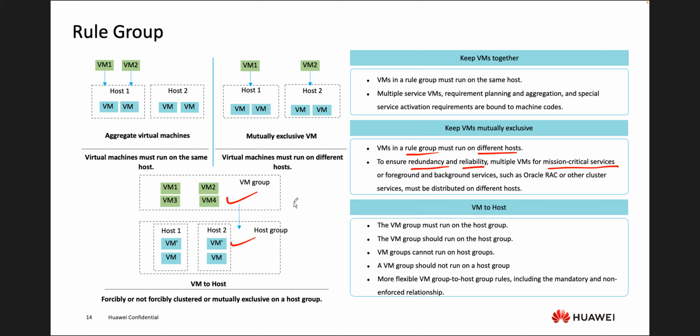We have mutually exclusive rules where you want an active and a standby VM setup, like an Oracle database. You have an active database, and you have one that's on standby. It could also be running together, like a master and slave, or maybe a server and agent, or you could just use it independently, right?